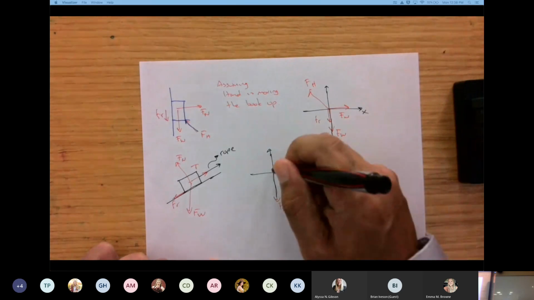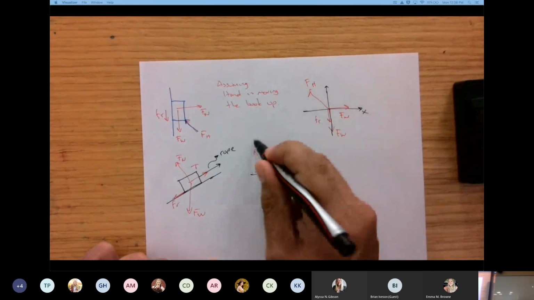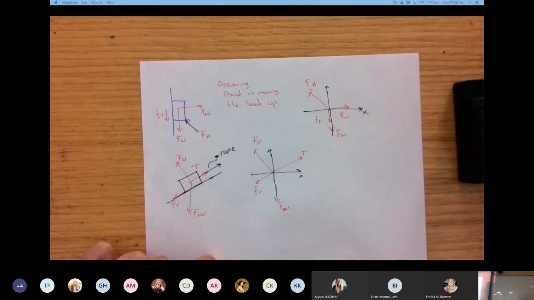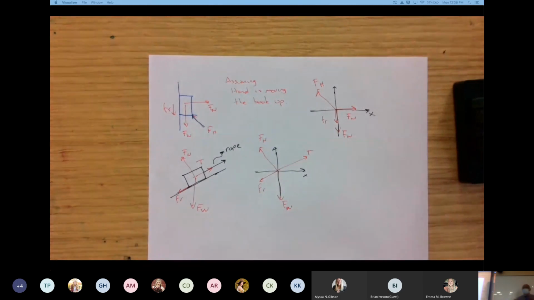Then you have the normal force. And then you have friction. Right? That's what I think most of you did. Okay. And it's not wrong. You have all the forces and you set up the forces in a frame of reference, and that's all you need. And it's fine.